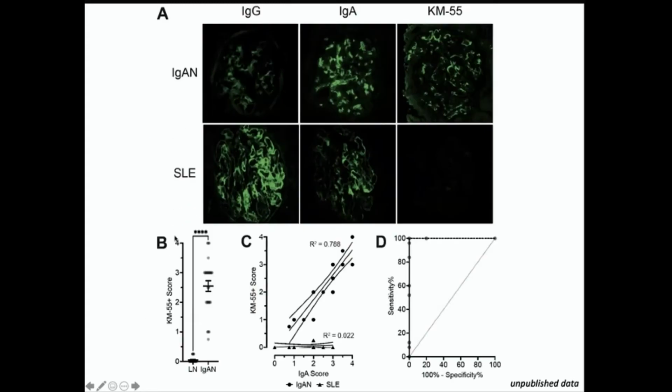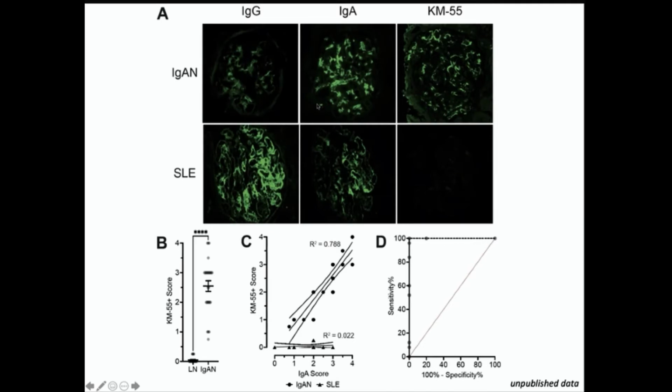So with these 45 cases, what we find is, okay, so I don't know if this one is blocking. Okay, so the first two images are from IgG, and then the middle column is IgA, the right column is KM55, which is galactose deficient IgA1. Okay, so for IgA nephropathy, essentially we have minimal IgG.